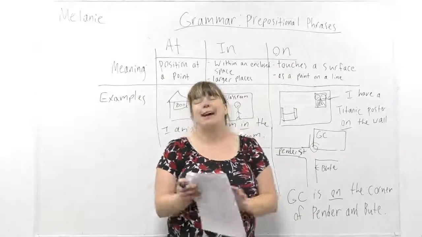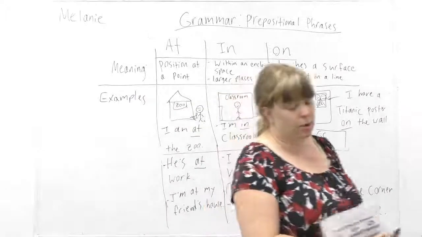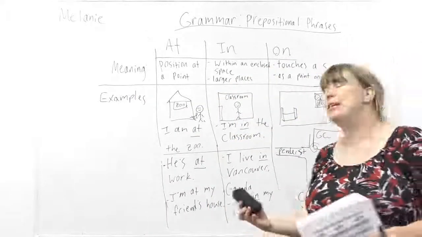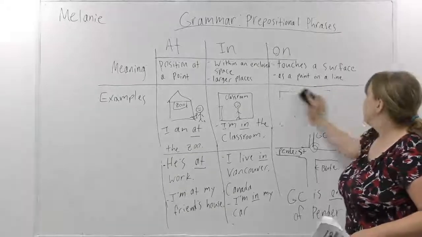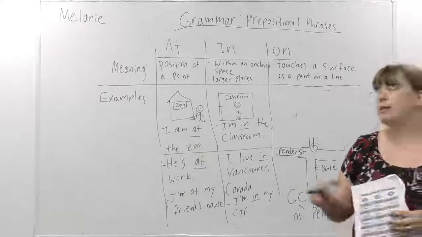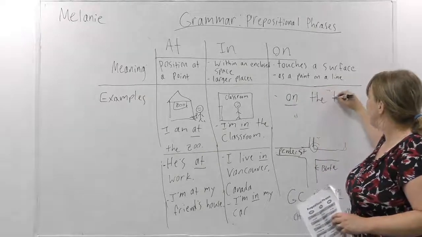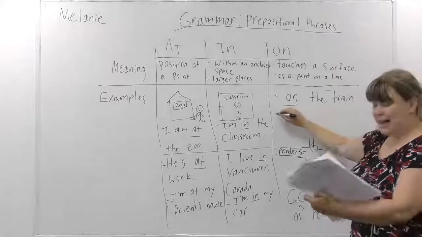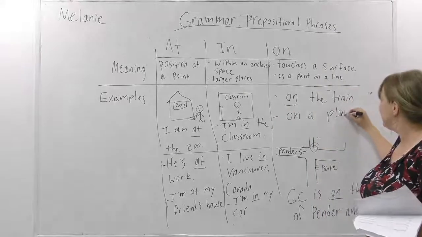Now, okay, the funny thing I was going to talk about with transportation. So please don't ask me why we do this, but in English, we say in the car, but we say on the train or on a plane.